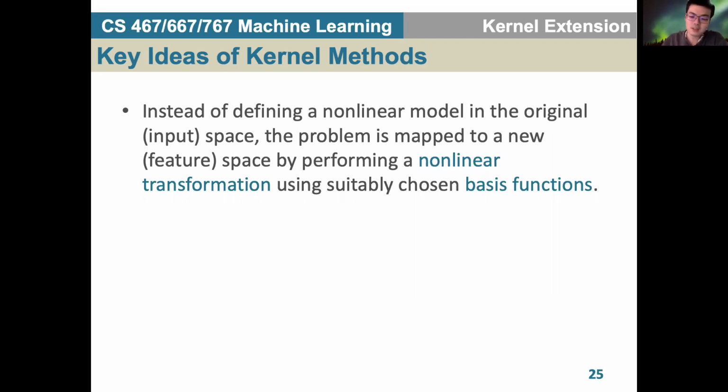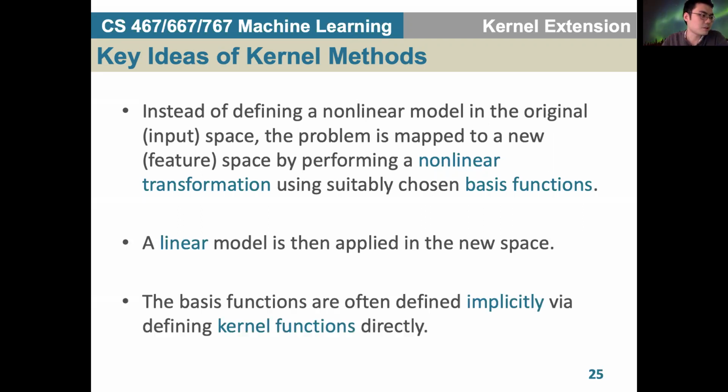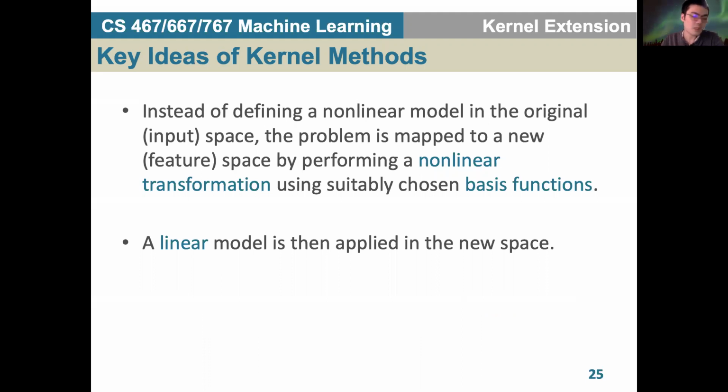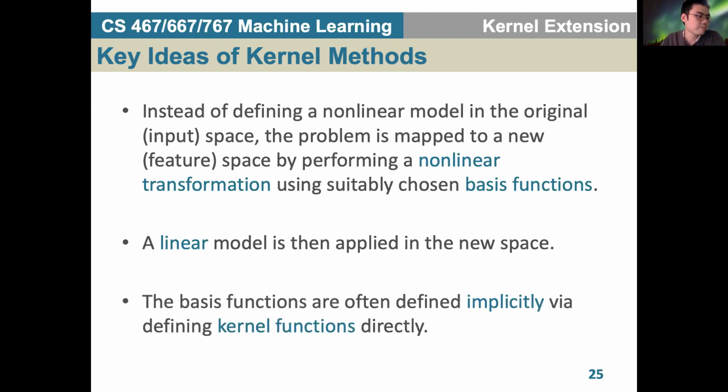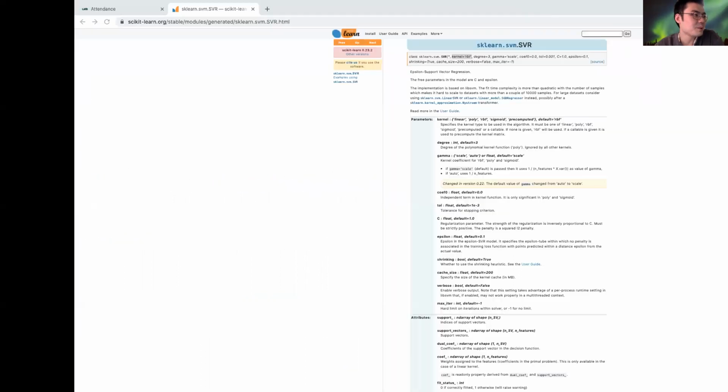Those transformations are called the basis functions that we saw before. A linear model is applied on the transformed features, and the basis functions are defined implicitly using kernel functions. So basically, this is what we say: you cannot choose how we define features.